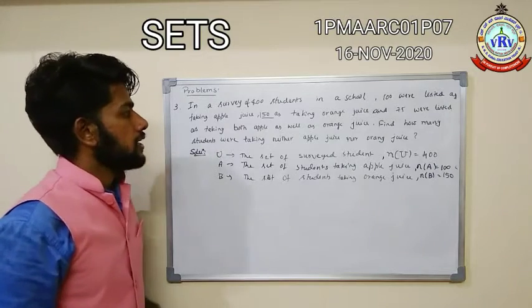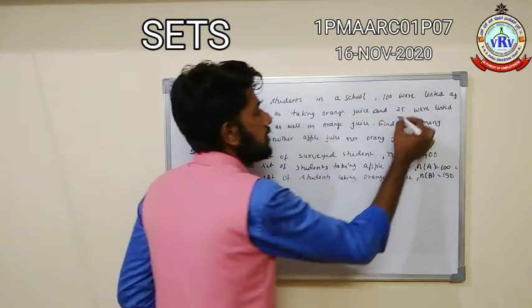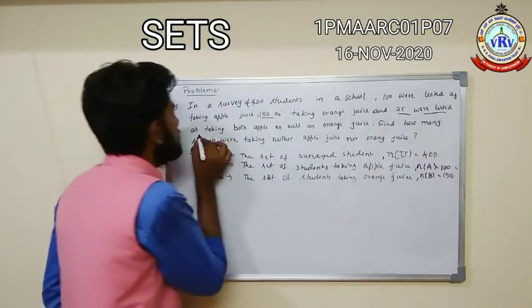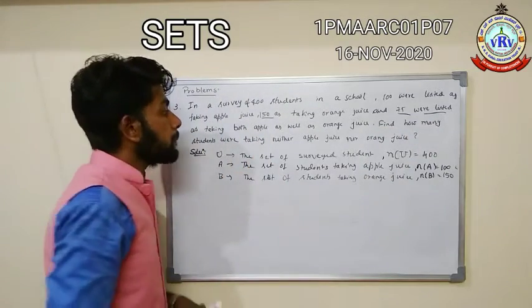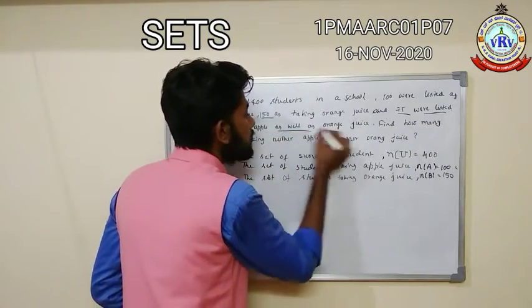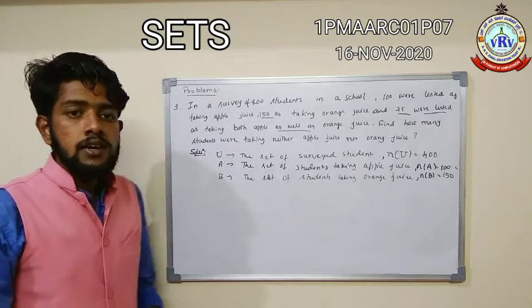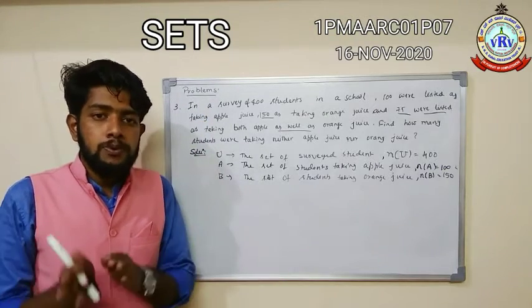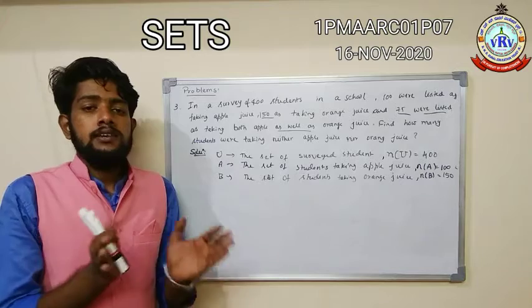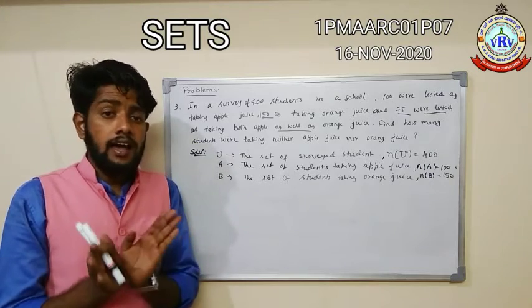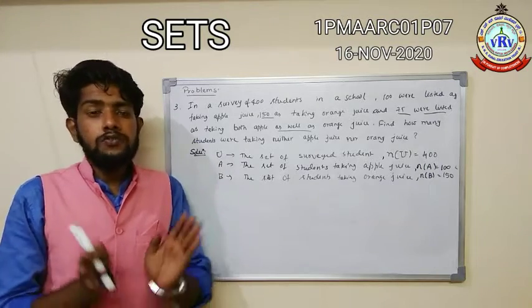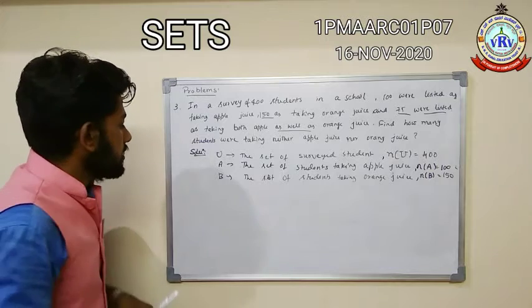Right, this is fine. And one more number they have given: 75 were listed as taking both apple as well as orange juice. That means they want apple juice and orange juice. Here we are getting the intersection of these two sets.